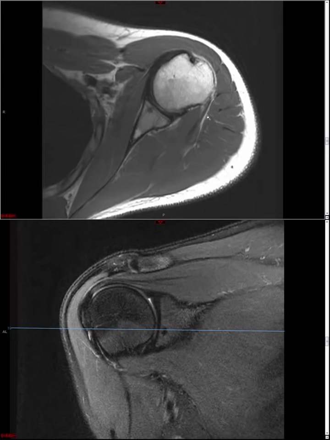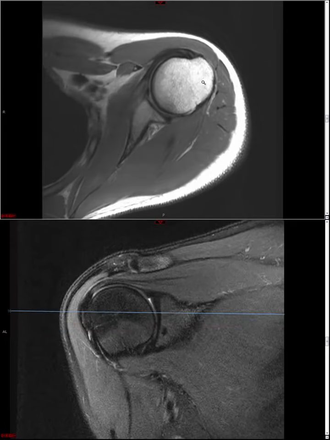Why this is helpful is because it gives you some indication as to where you should look on your coronal and sagittal for the biceps tendon. Here they actually have a pretty good degree of external rotation. So this is your lesser tuberosity, this is your subscap we just talked about, this is your greater tuberosity, and this is your biceps tendon.